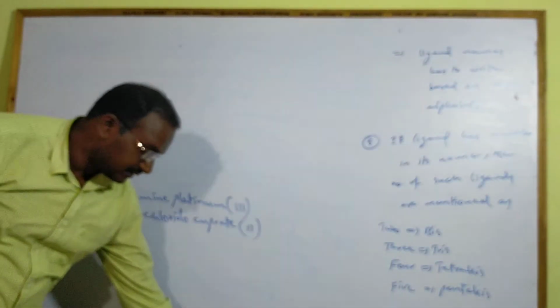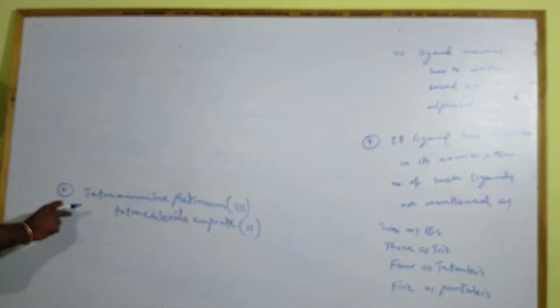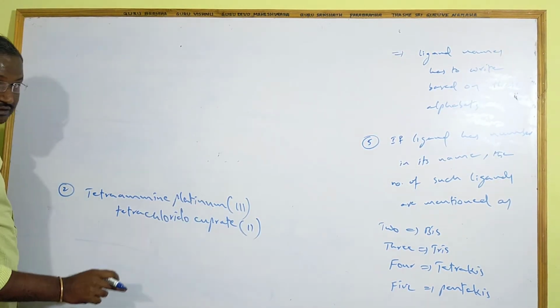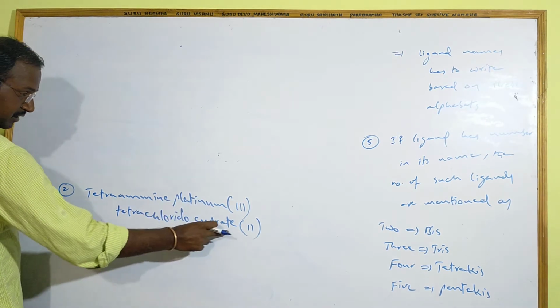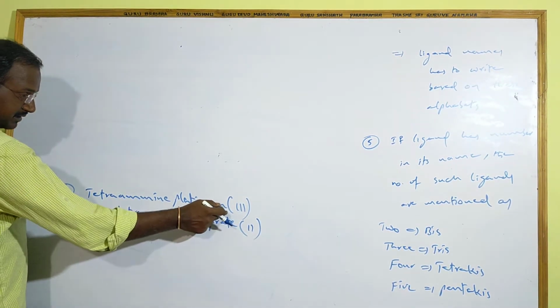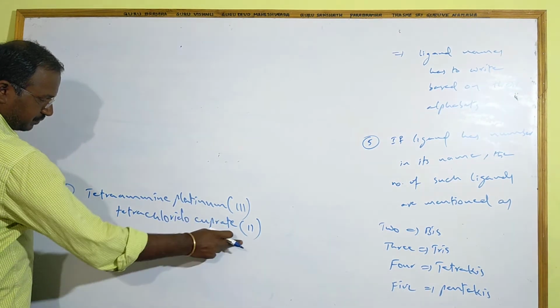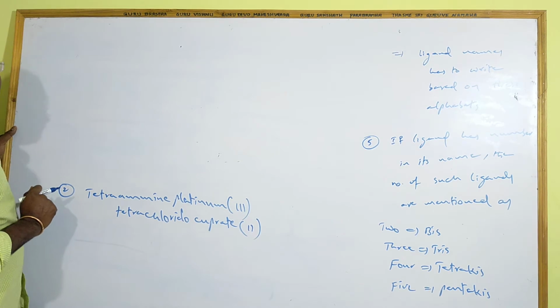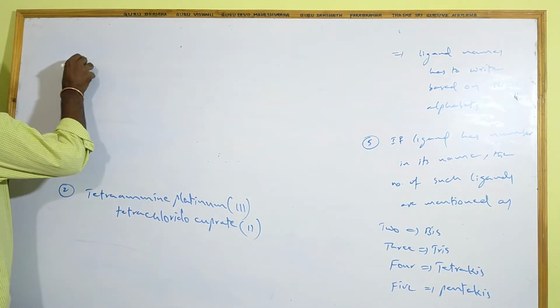Second example. The name is here. The structure, let me write. First, cation is platinum. Platinum directly they have mentioned. So I am considering it is cation. Cuprate, copper complex is anion. Platinum complex is cation. Copper complex is anion. So first let me write platinum, Pt.